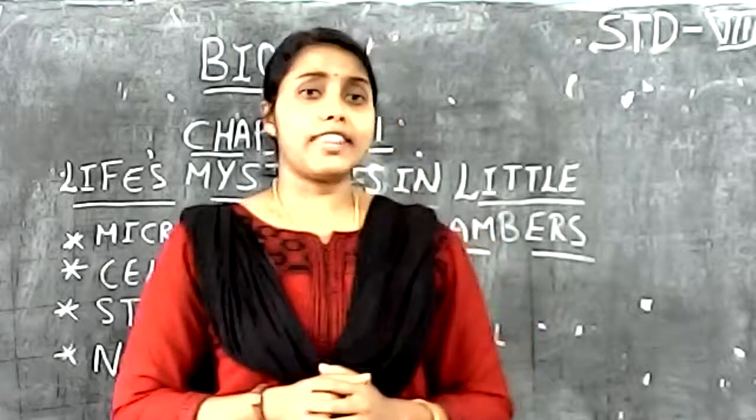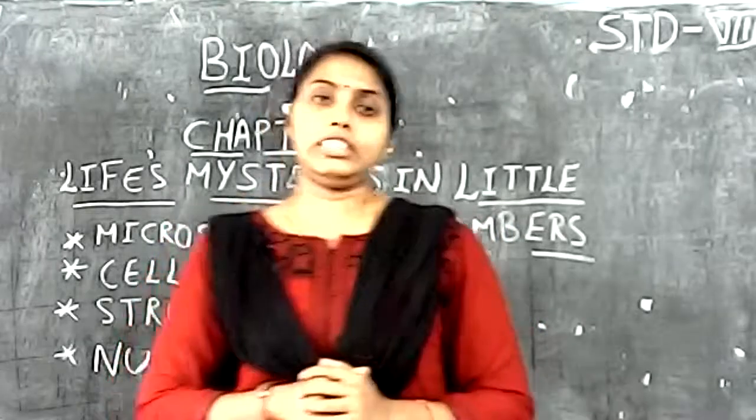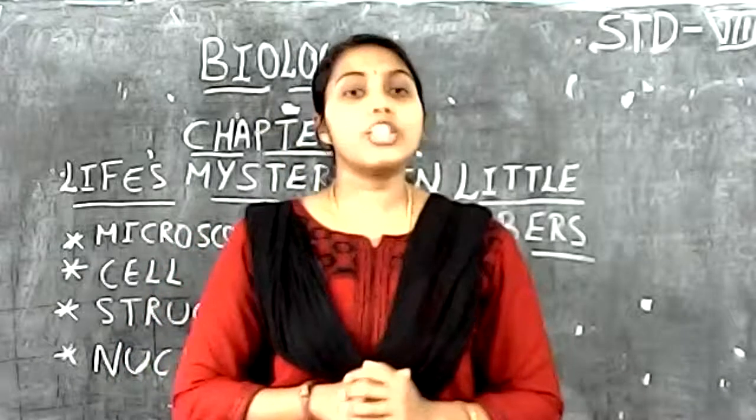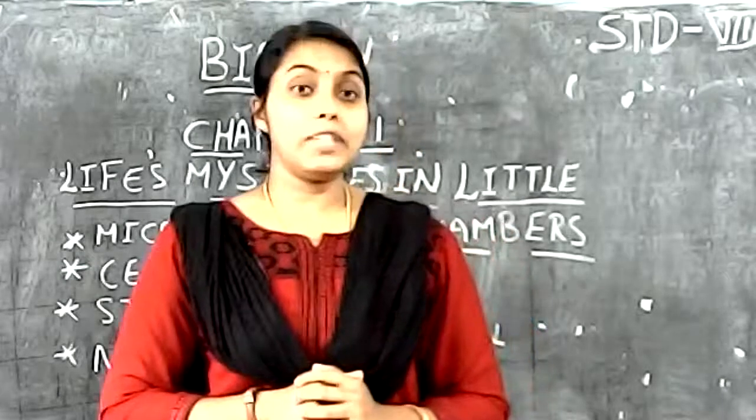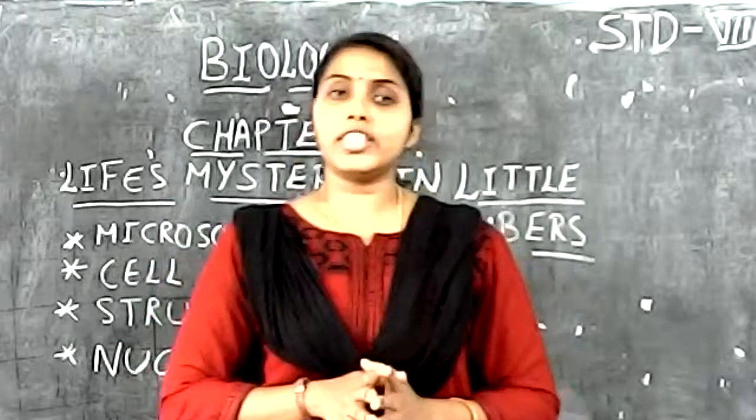This mirror reflects the light, and so in a compound microscope, a light source is used. But in an electron microscope, as its name indicates, electrons are used there.